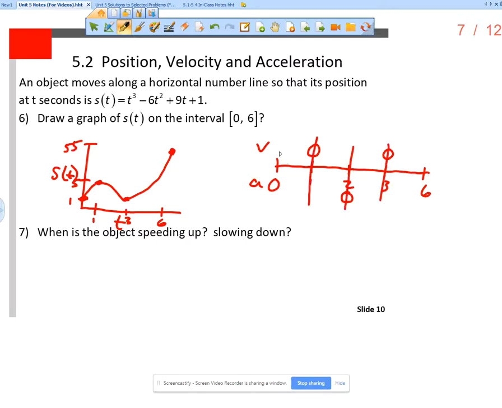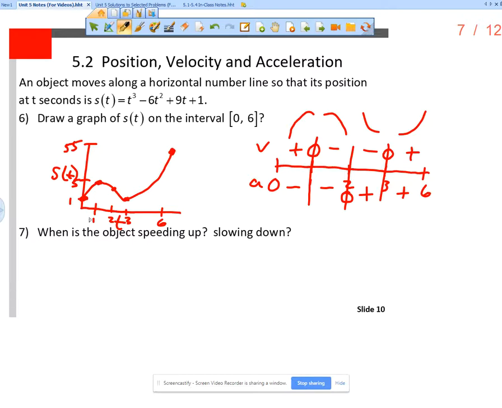Our velocity was positive, then negative, then positive, and our acceleration was negative, then positive. So if we look at it, we have an increasing concave down curve, which is what we drew from 0 to 1. Then we have a decreasing concave down curve, which is what we drew from 1 to 2. Then we have a decreasing concave up curve, which is what I drew from 2 to 3. And then we have an increasing concave up curve from 3 to 6.